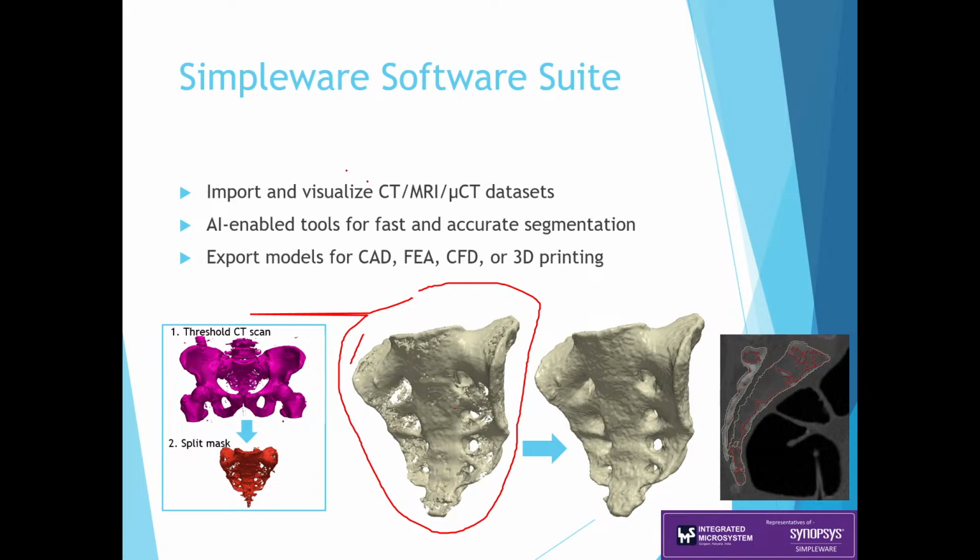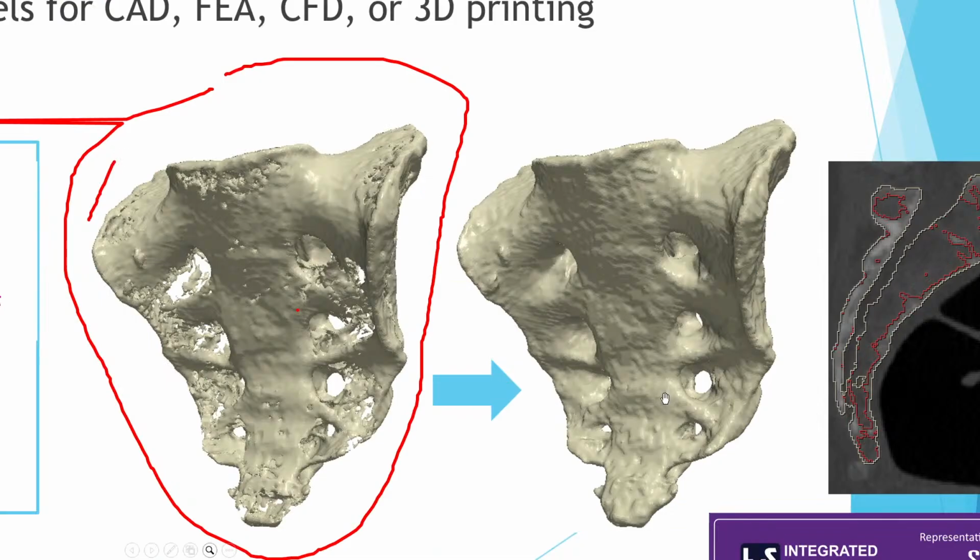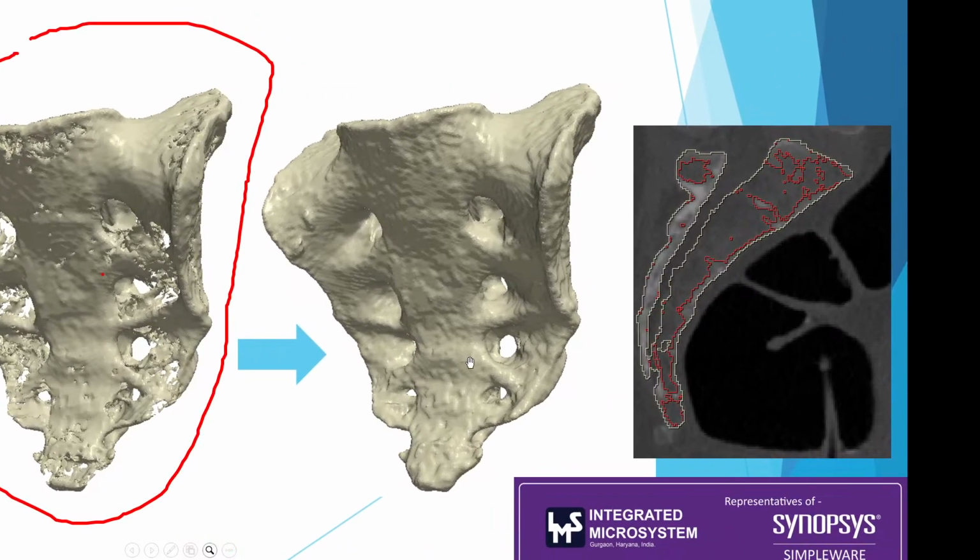How Simpleware helped us further increase the quality of this bone data set is that we used a bone filling operation, and that is AI-enabled bone filling. It takes the nearby grayscale values into account and automatically solidifies the bone for us. Once it is done, we get a very accurate 3D representable structure of the bone that can be put on the volume rendering of the data set to check its accuracy.